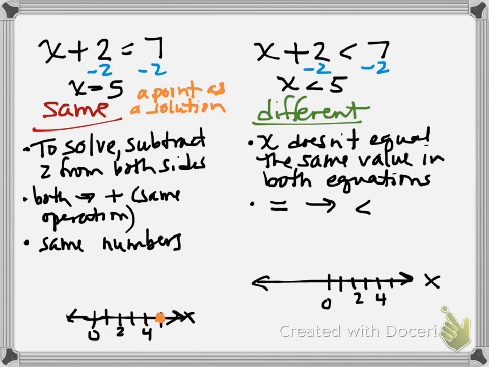Now, there's a couple of complications when I'm graphing this guy on the left, which, by the way, is called an inequality. I have to graph where my inequality begins. And there's a special way I have to graph that original point depending upon the information given to me in the problem. If it says that my number is less than 5, what am I going to actually mark at 5? Anyone remember?